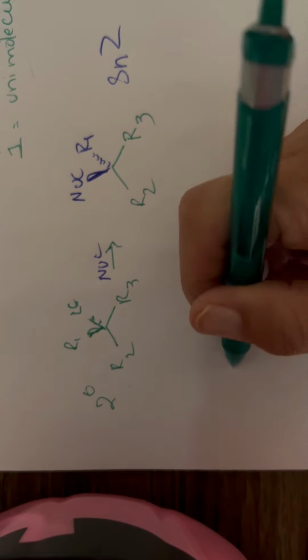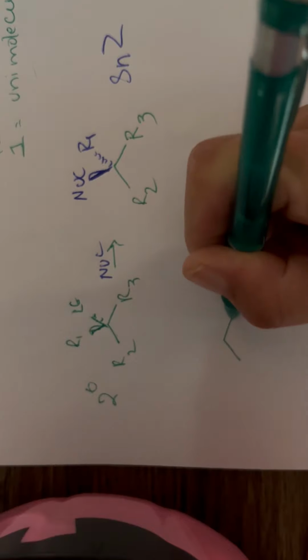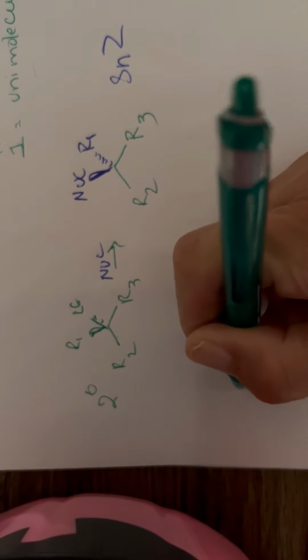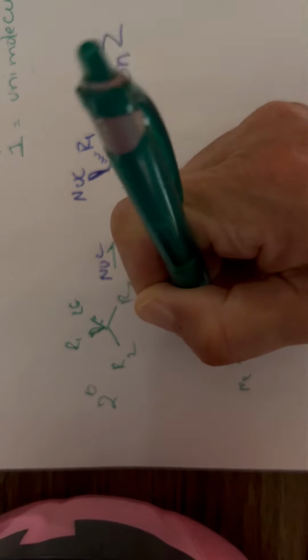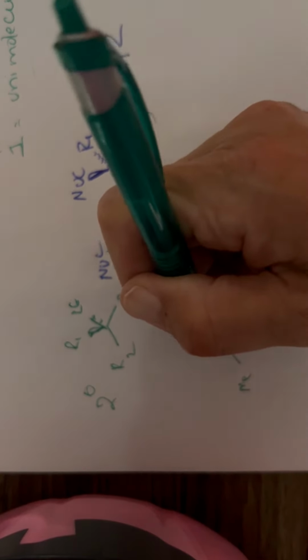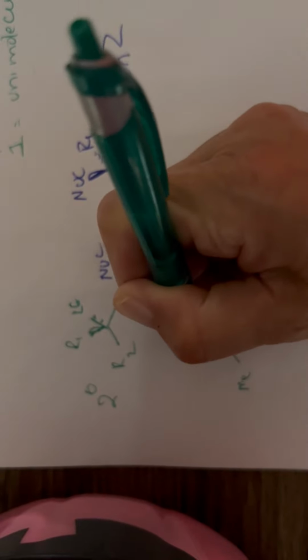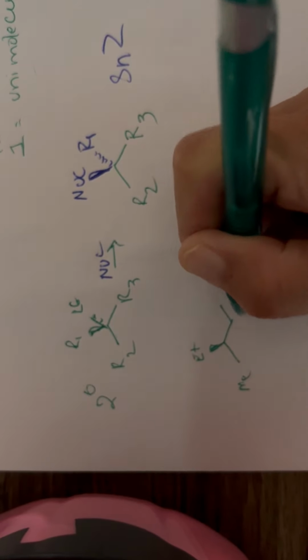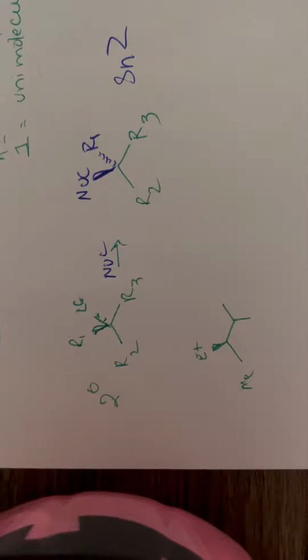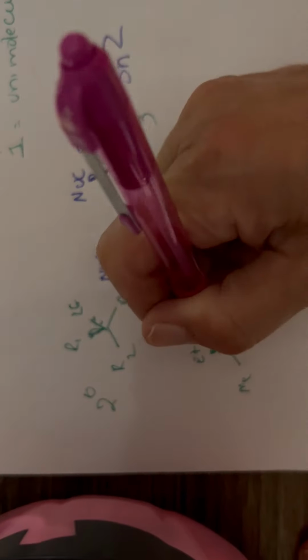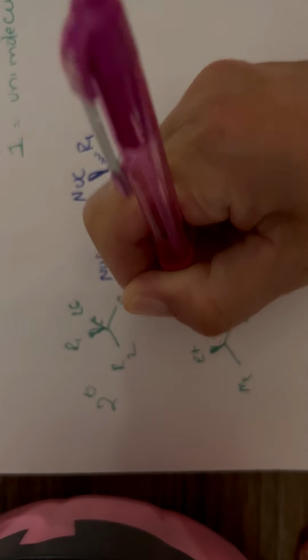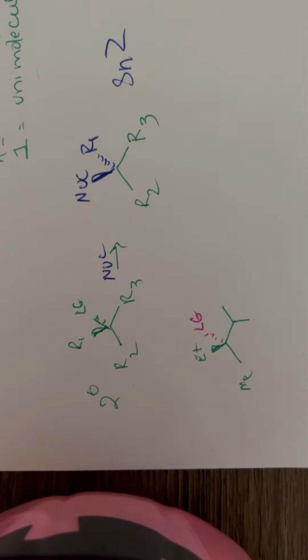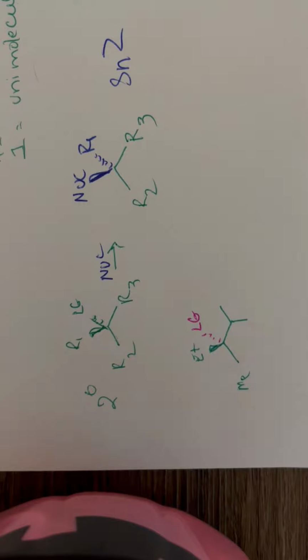But when we have a tertiary, I'm going to put a methyl here, an ethyl here, and something else there, and I'll make my leaving group LG. So I clearly have a chiral molecule.